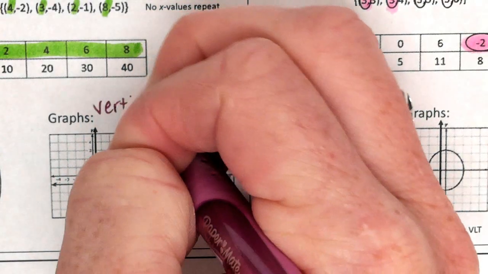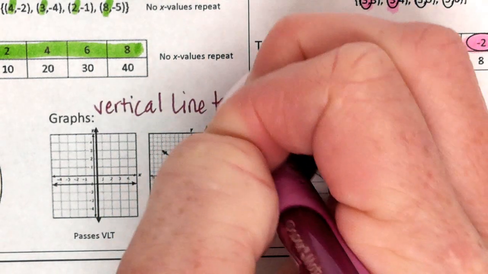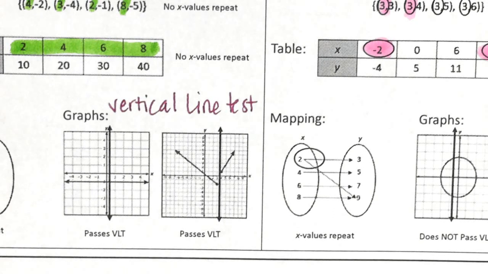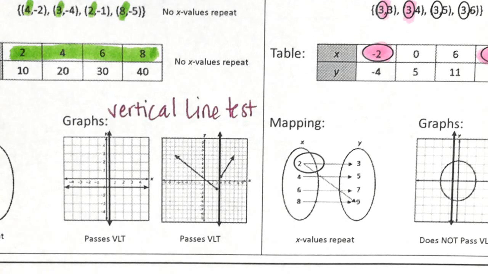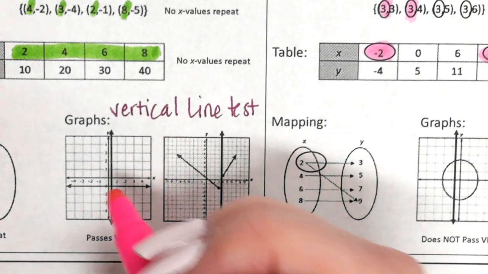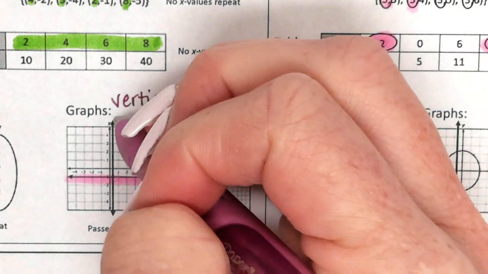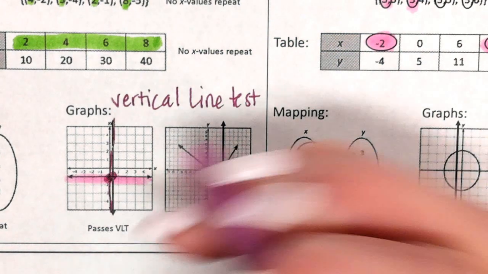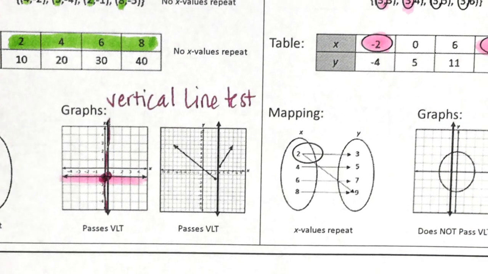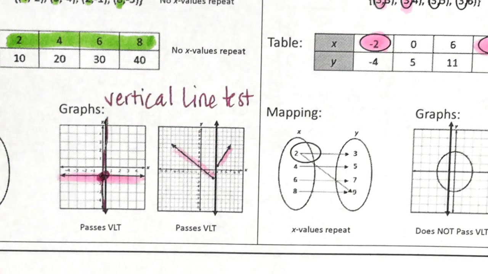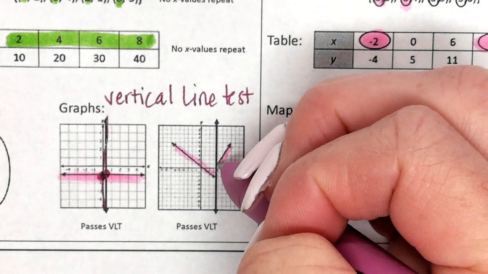For graphs, you're going to perform, write this down, a vertical line test. When you draw a vertical line, and they already drew it for you, it can only touch one time. So guys, everybody look, this was their picture right here. And then they drew this vertical line, and they said, look, it only touches once.